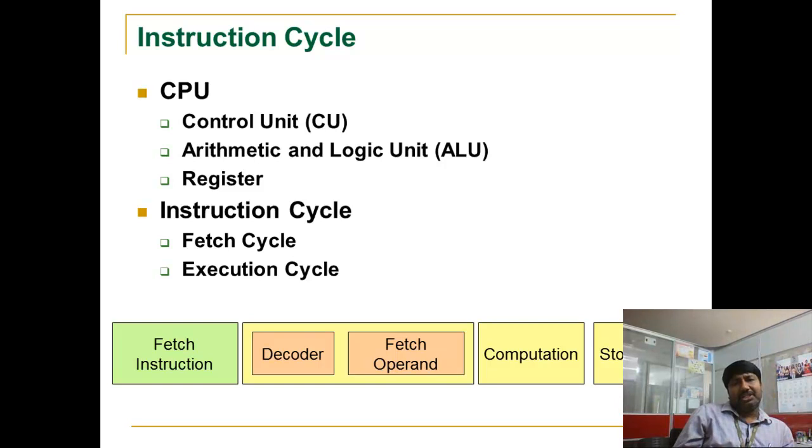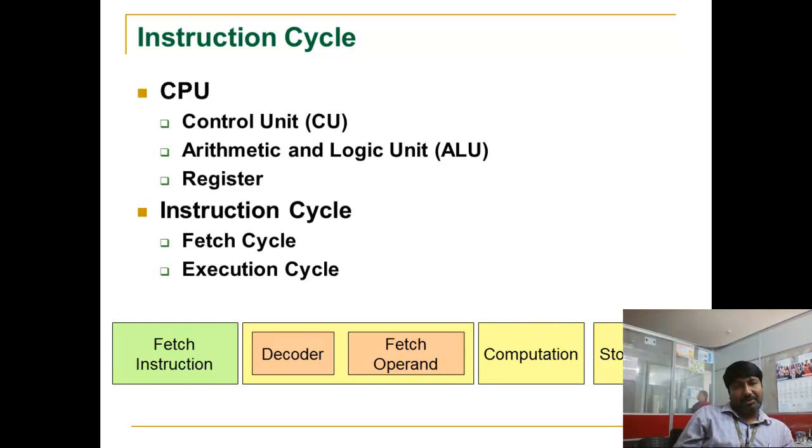Now if you take an instruction cycle, any instruction will be executed by the CPU, central processing unit. The CPU consists of three things. One is the control unit, in other areas we call it the timing and control unit. It will handle all the timing cycles one by one. And we will use the arithmetic and logic unit, ALU, and we will use different registers.